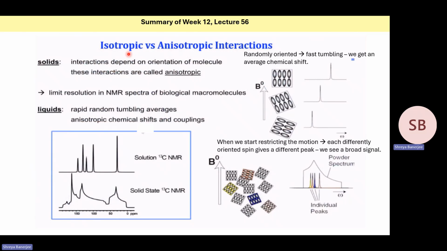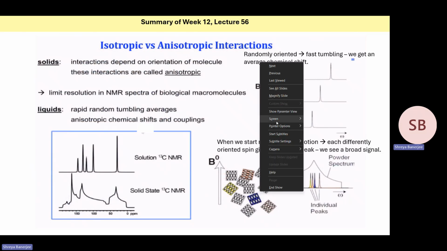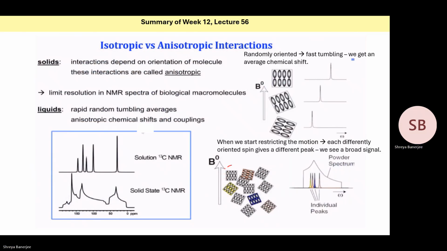So now let us briefly look into the isotropic versus the anisotropic interactions. Basically, in solids, the interaction depends on orientation of the molecule, and these are called anisotropic interactions. Suppose this is a solid structure.